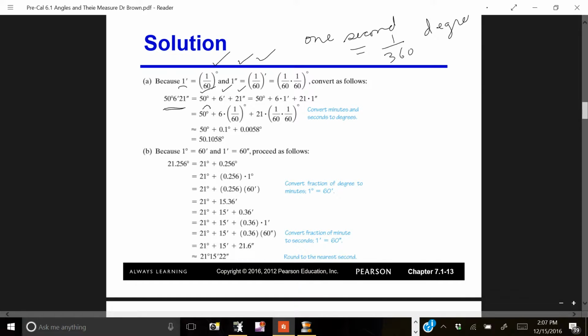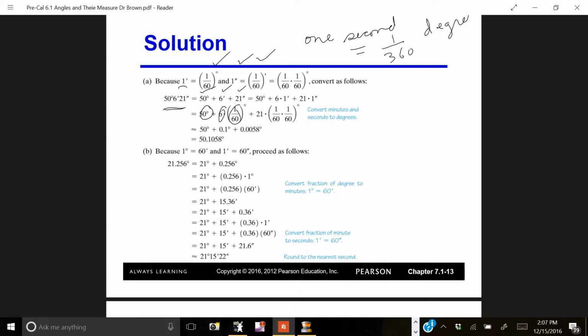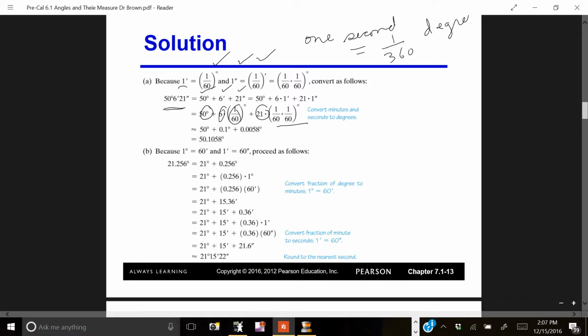We write down 50 plus 6 times 1/60th to convert the minutes to degrees, and then add the 21 seconds multiplied by 1 over 3600.